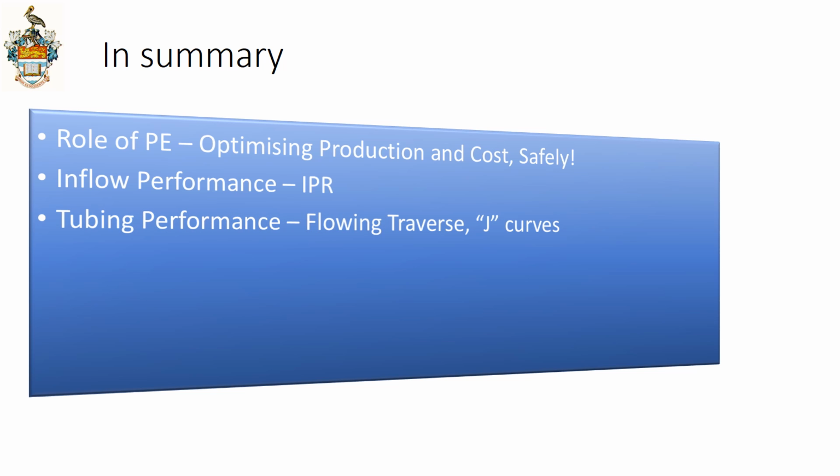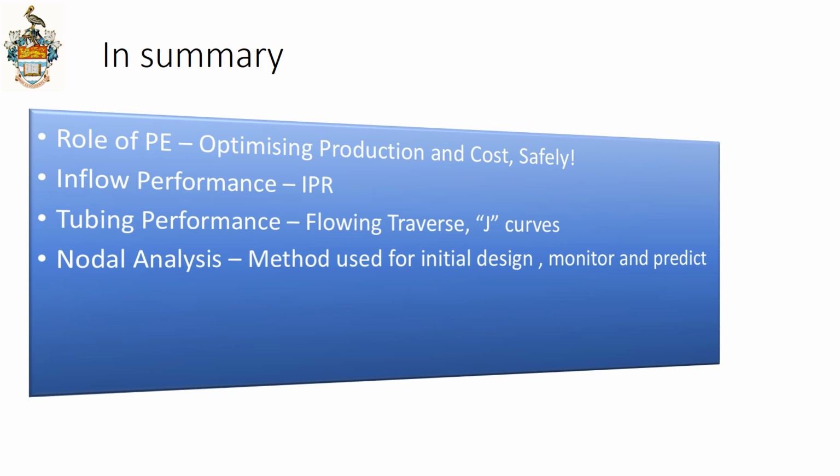And then we introduced tubing performance, which focused on pressure loss as a function of single or multi-phase flow. These tubing performance curves can also be referred to as flow in traverse or J curves. And we talked a little bit about nodal analysis, which is a method employed to carry out initial designs for monitoring and for evaluating opportunities to enhance or do remedial work on wells.